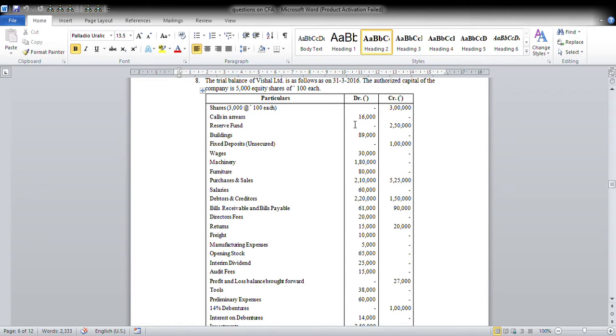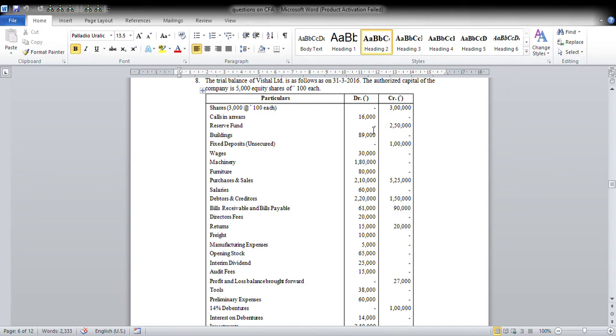When a debit is being shown on the liability side instead of as an asset, we are not showing this amount directly in the outer column, but we are making this as an adjustment against the capital. So this is what you need to understand. Whether you are showing any amount opposite to the balance which is given, it becomes a deduction rather than showing that balance directly in the amount column.